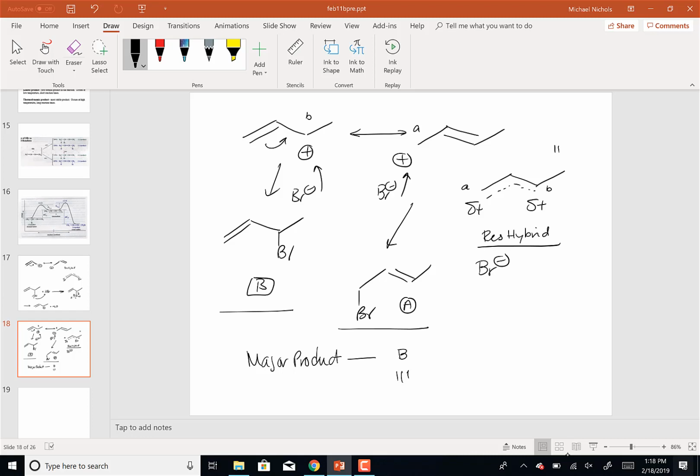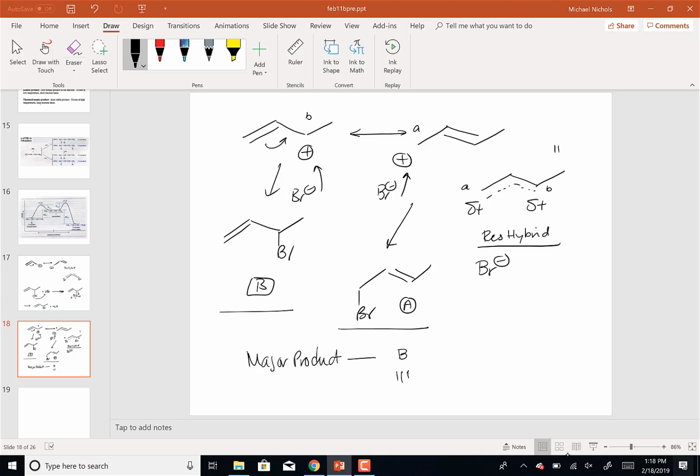Why are people choosing B? Because the bromine adds to the secondary carbocation rather than the primary. Okay, and what's special about the secondary? It's more stable. So product B is coming from the more stable intermediate. Why are people choosing A?